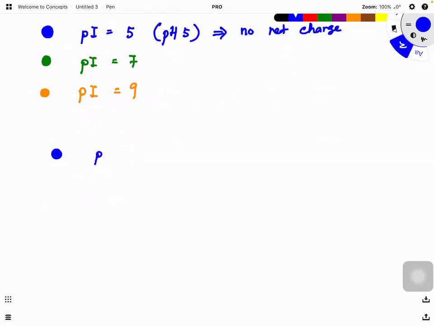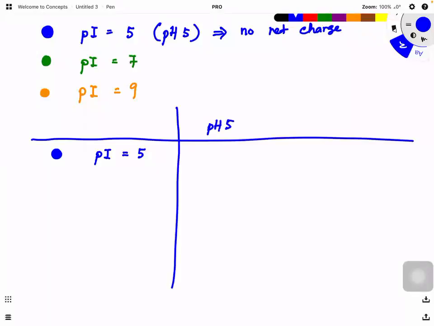So pI equal to 5 basically means that they don't have net charge at pH 5. Okay, so at pH 5, no net charge. But how about if I have it in pH 4?